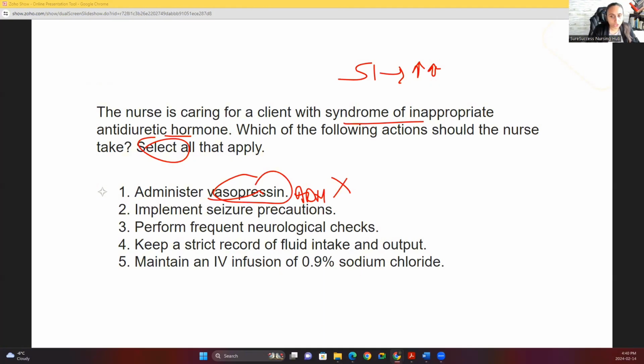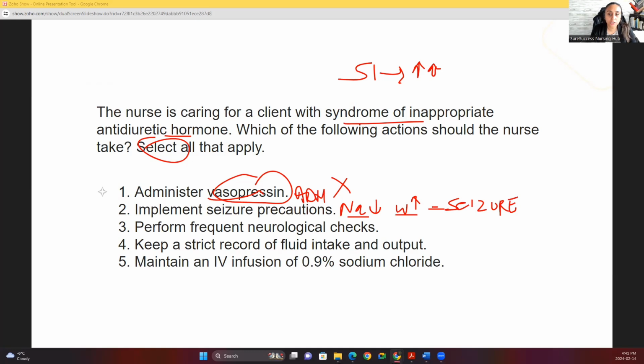Implement seizure precautions? Yes. And why? Because the sodium itself is low in the body. Sodium is low and water is high. So do you think it can cause seizures? Yes.